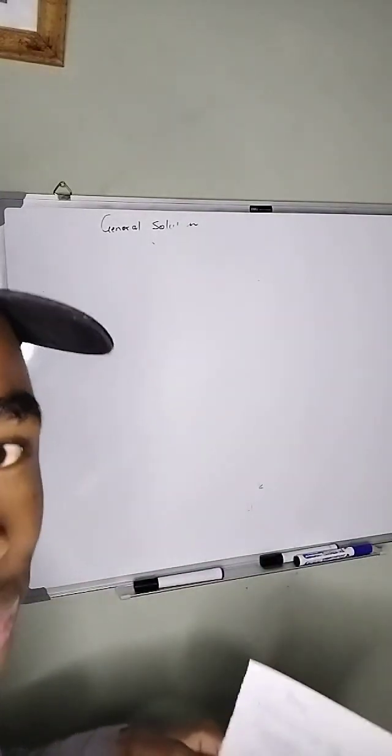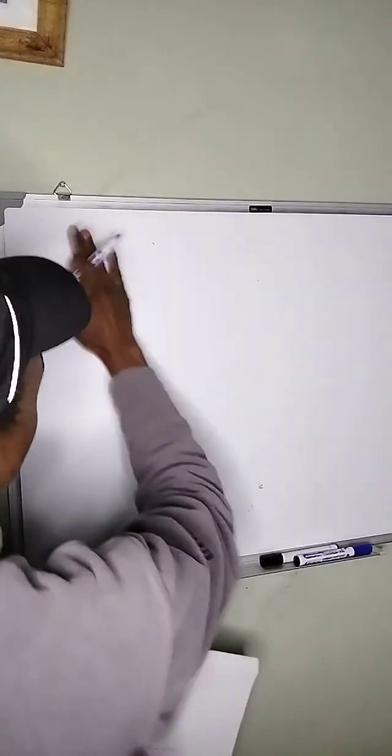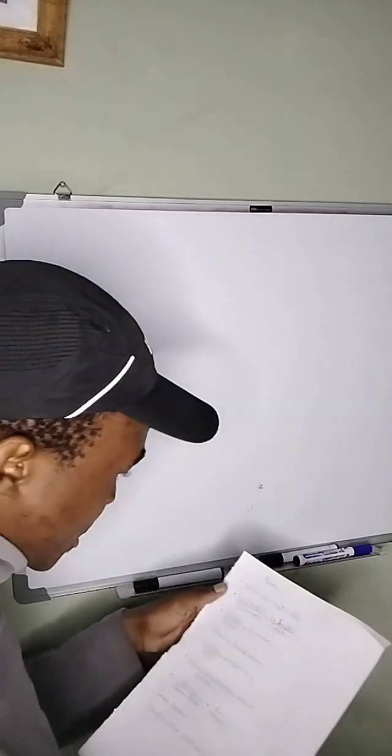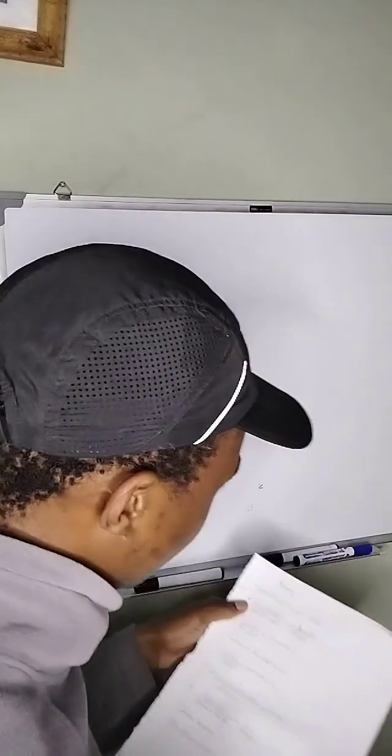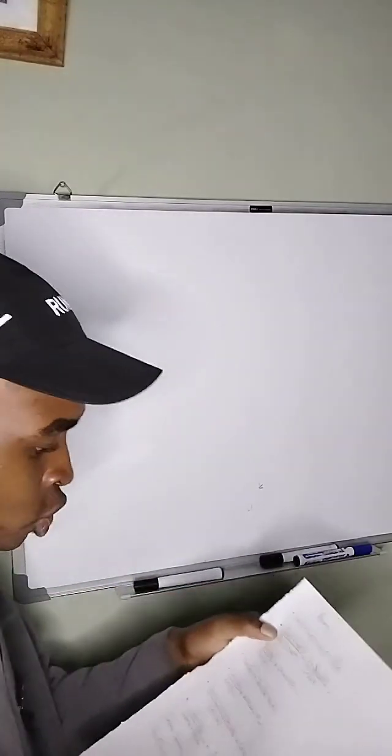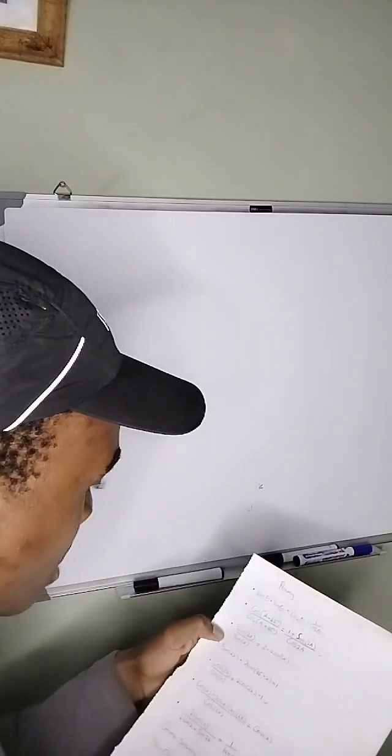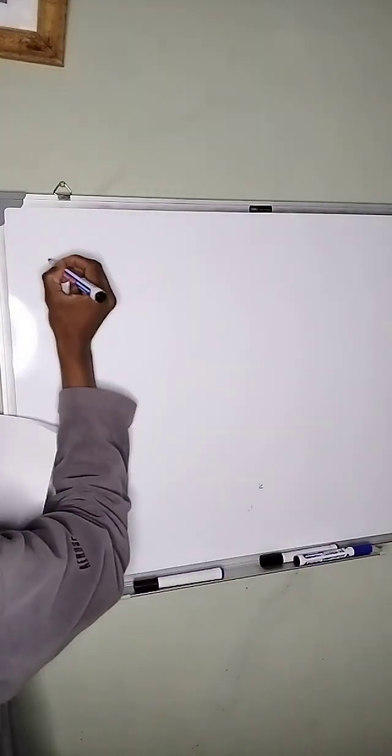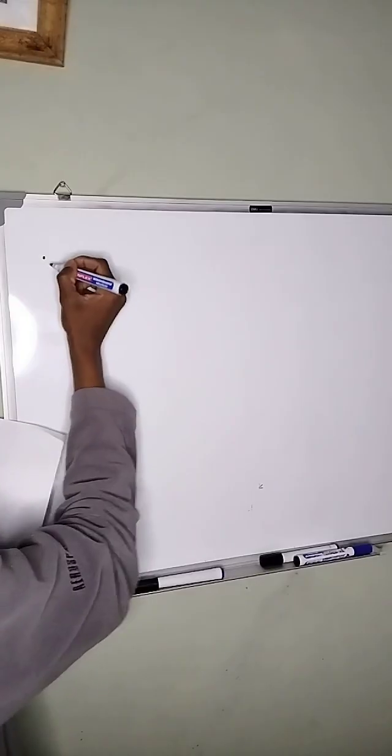So yeah, guys, now we are climbing the mountain. I'm not sure which question I should start with, but let me start with this one. This one is more or less easy.